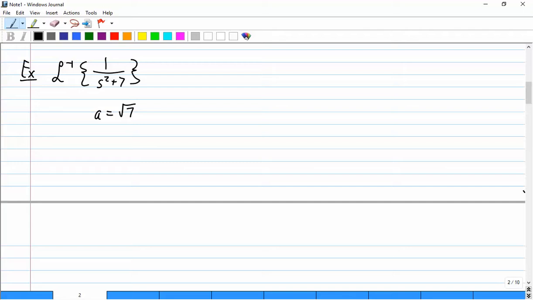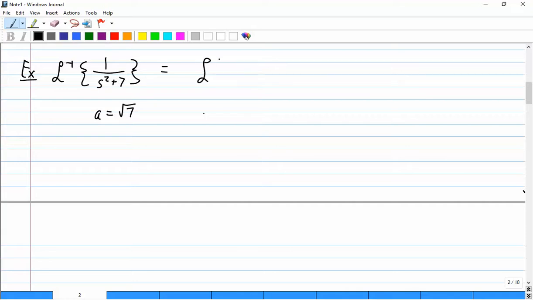If a is equal to the square root of 7, then this would be 1 over s squared plus a squared. The only other thing that we need to take this inverse Laplace transform is we would need a square root of 7 in the numerator, because remember, it's a in the numerator and an a squared in the denominator.